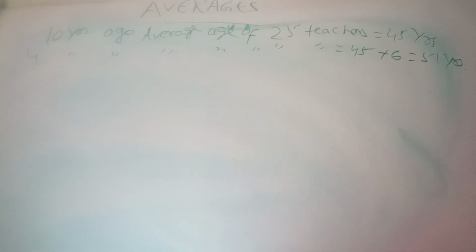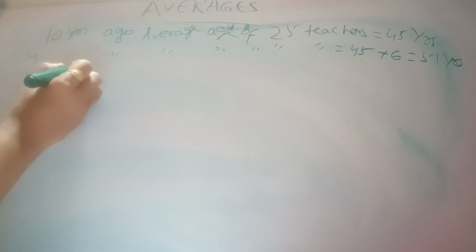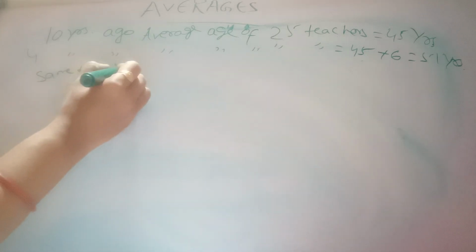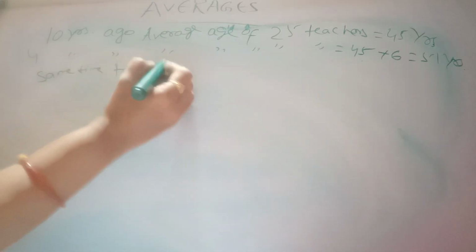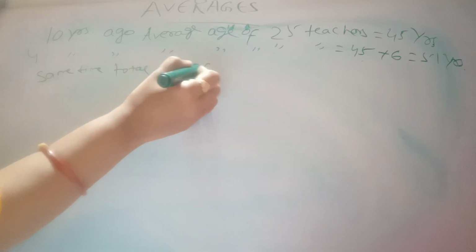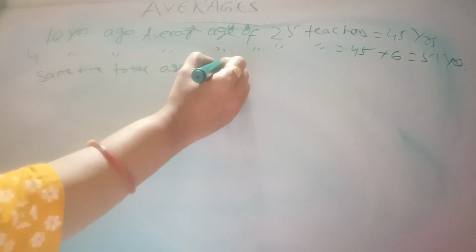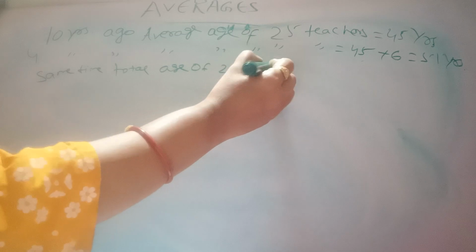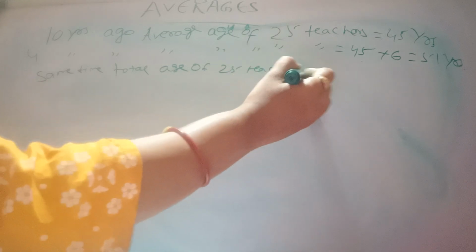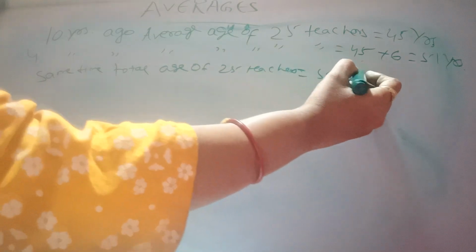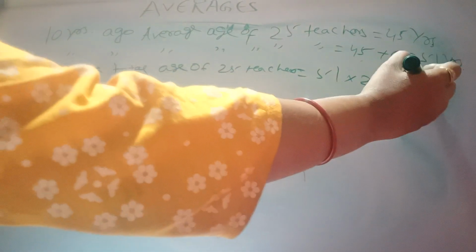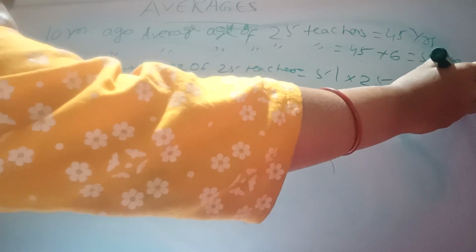And at the same time, total age of 25 teachers equals to 51 into 25 equals to 1275.